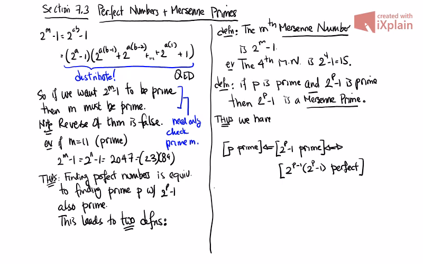So just to see the correspondence, p equals 5 is prime.